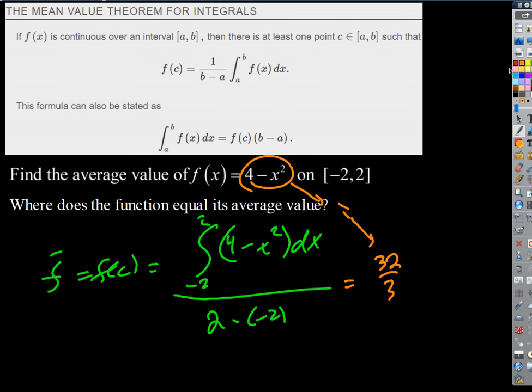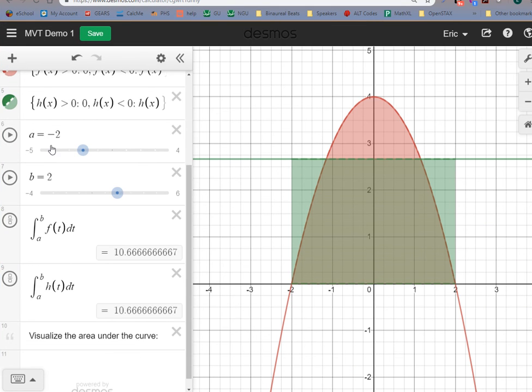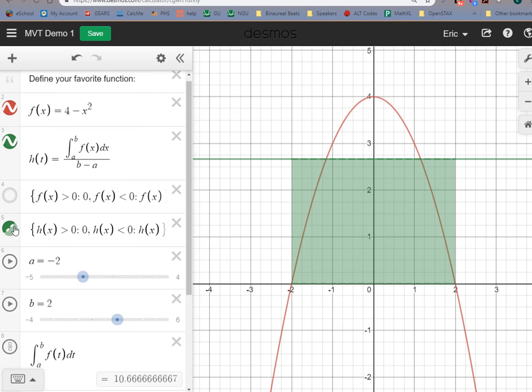So we end up with the equation 4 minus x squared equals 32/3, which you could all solve. But once again, Desmos does this pretty easily, right? On Desmos, if I just graph the two functions, there's f of x, there's my average value.